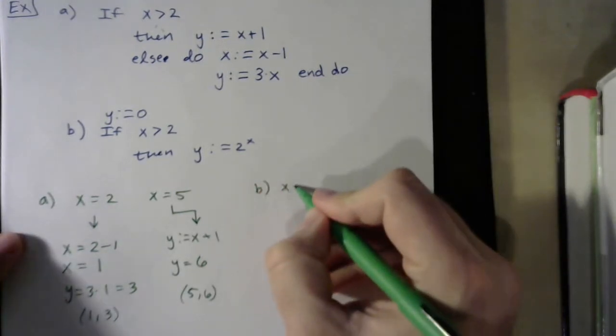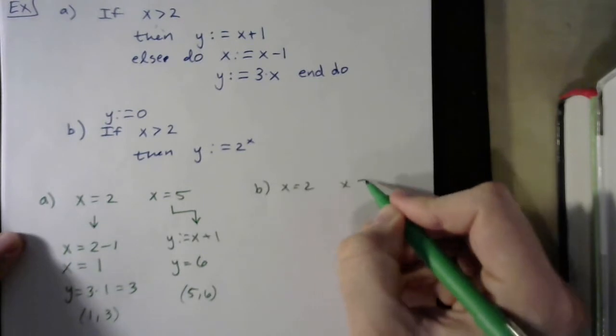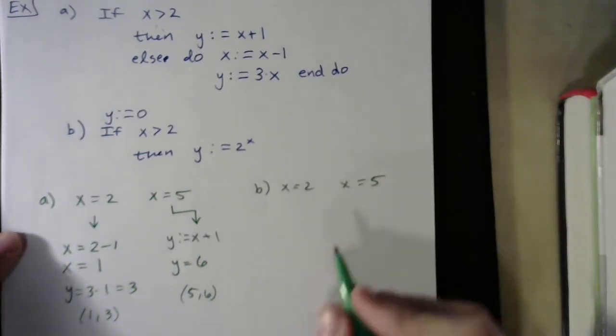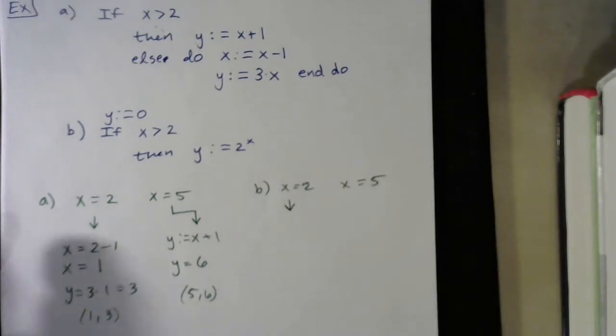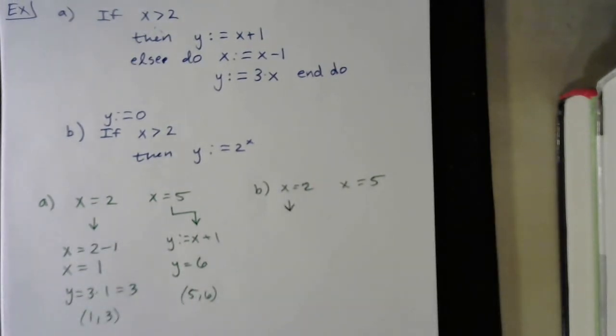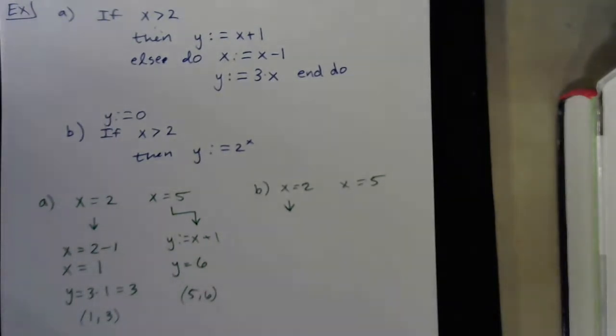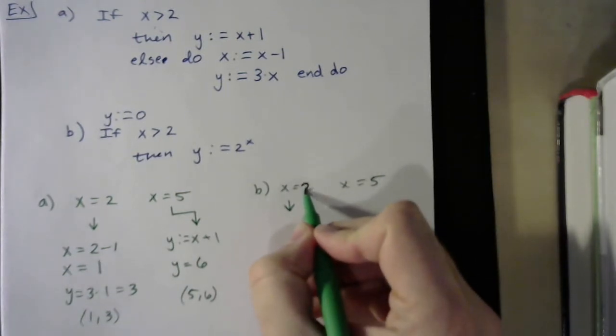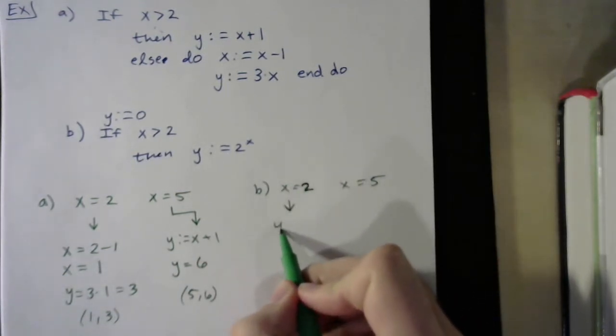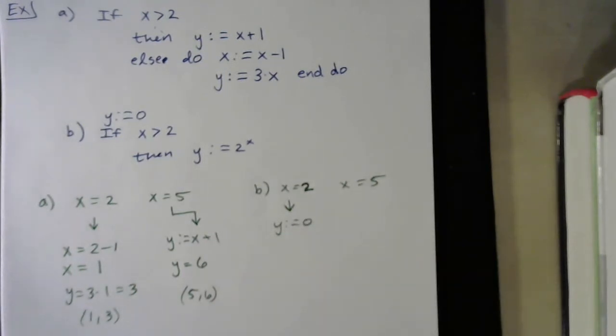So we'll track the same two x values, 2 and 5, for part B. So for 2, when x equals 2, we are not greater than 2. And so the only thing that we have is that y is 0.